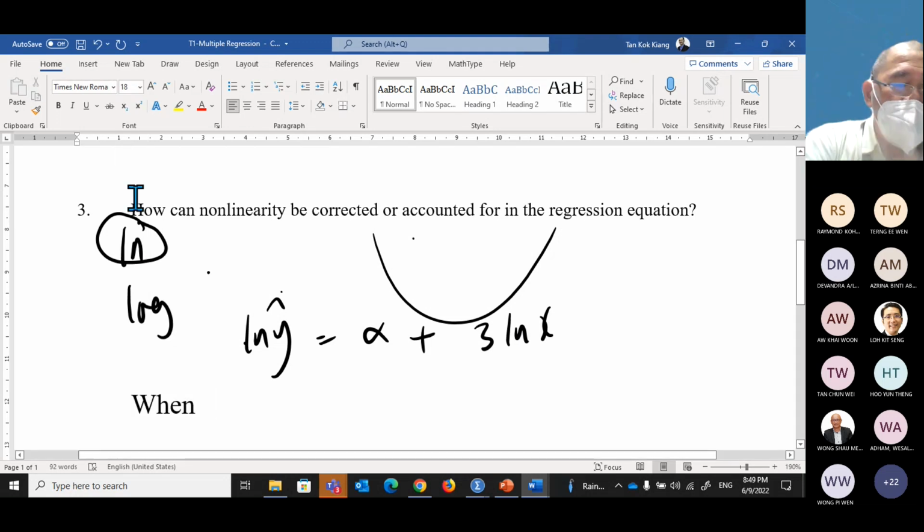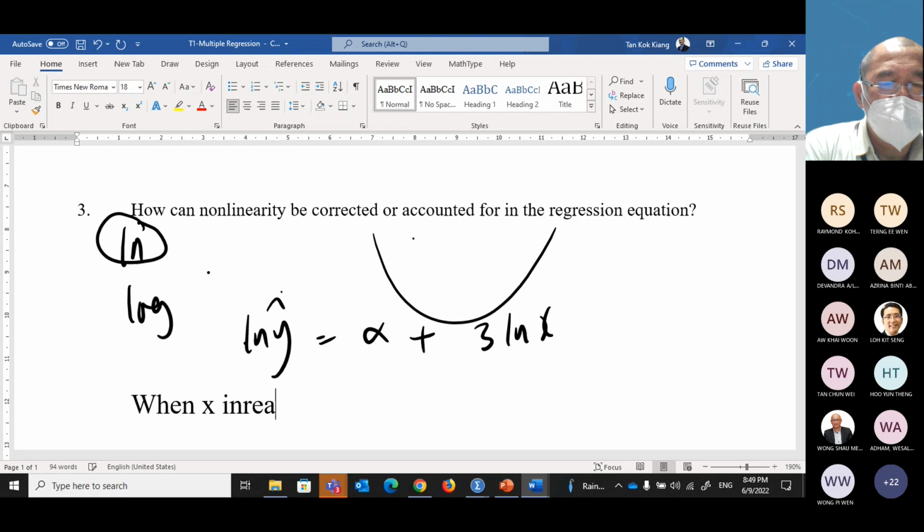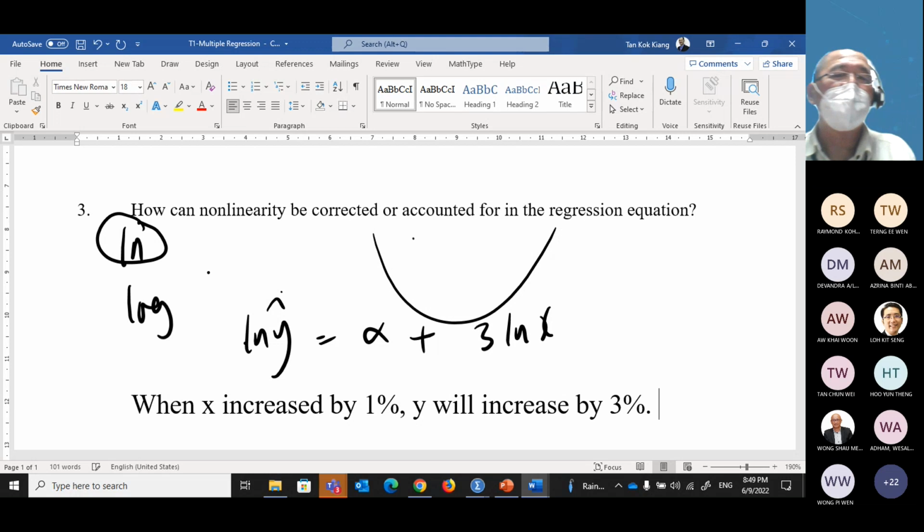When x increases by 1%, y will increase by 3%. That's it.